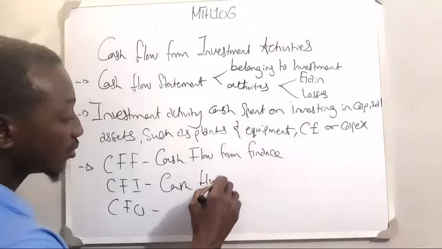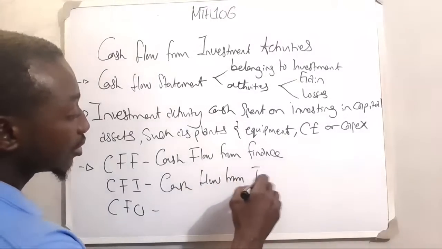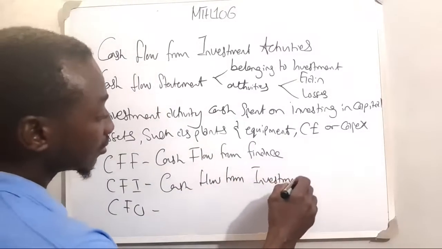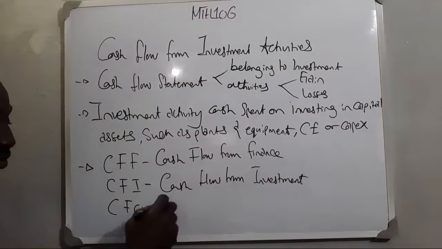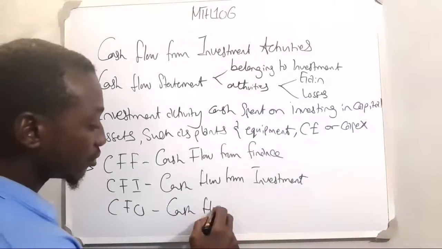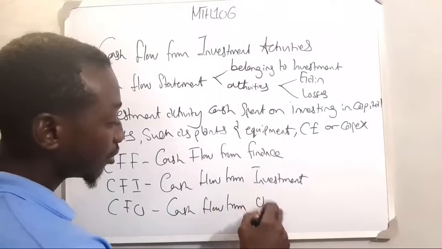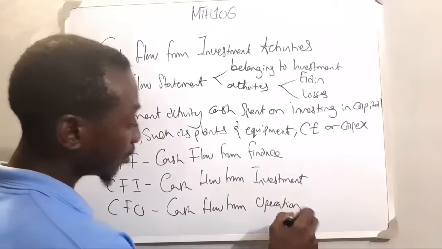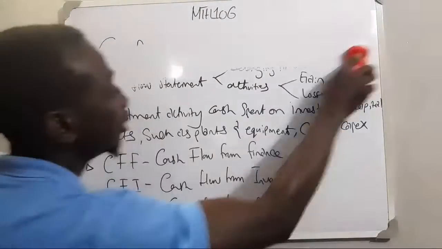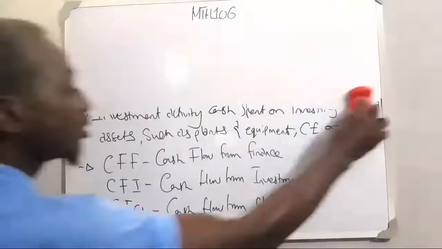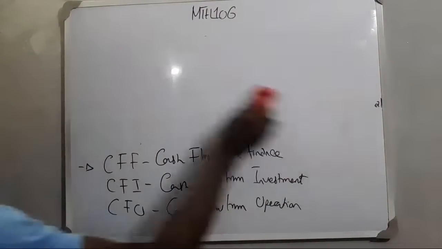And we have CFO, cash flow from operation. So the combination of these three gives us our net cash flow.